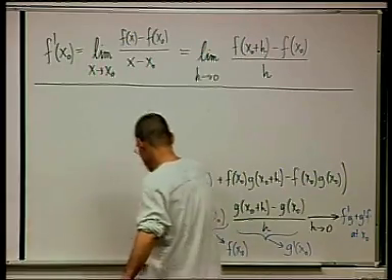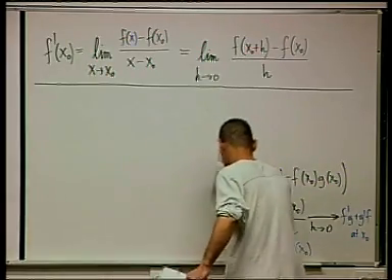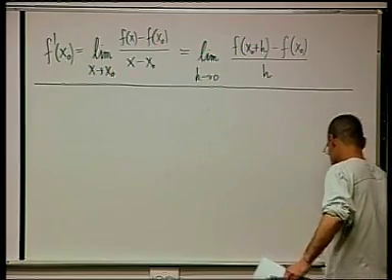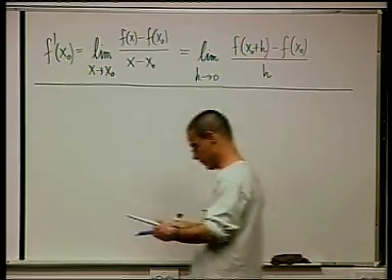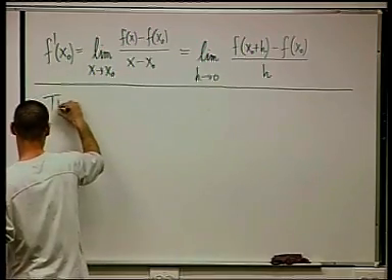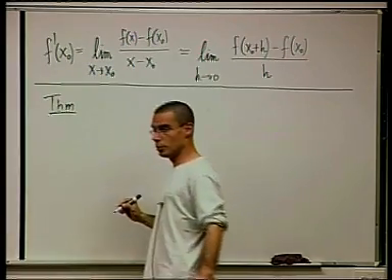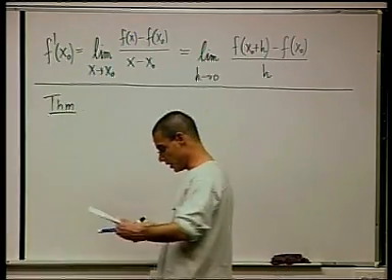It's going to look a bit scarier in terms of the statement of the theorem, but using it is not hard. So, theorem. This is the rule for differentiating an inverse function.